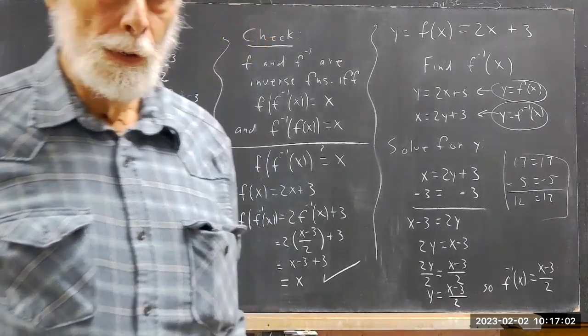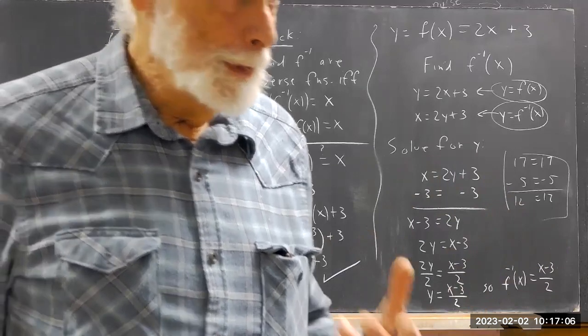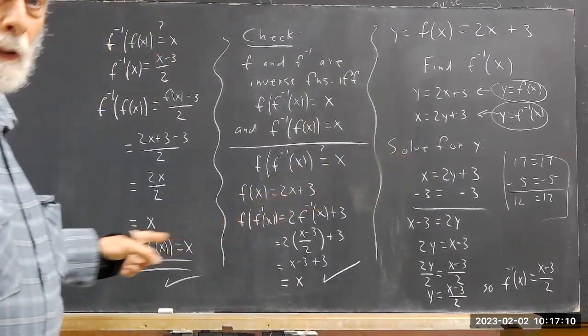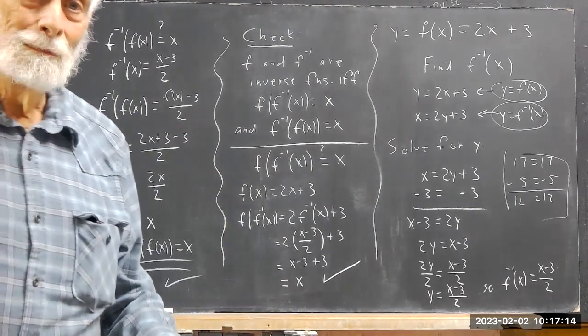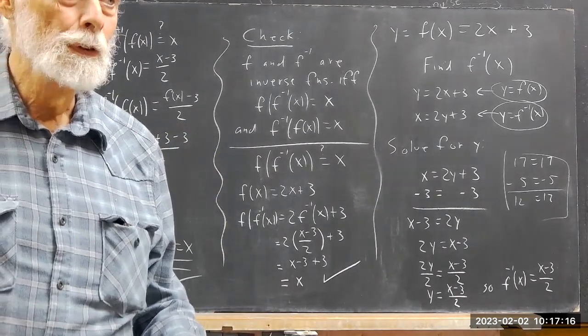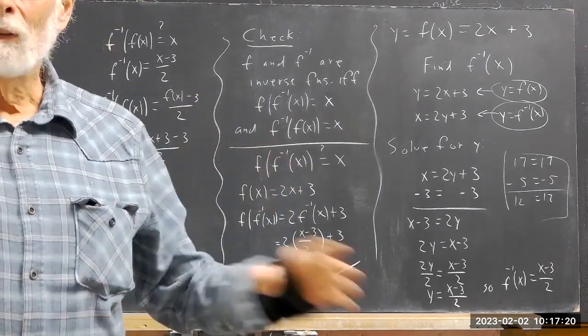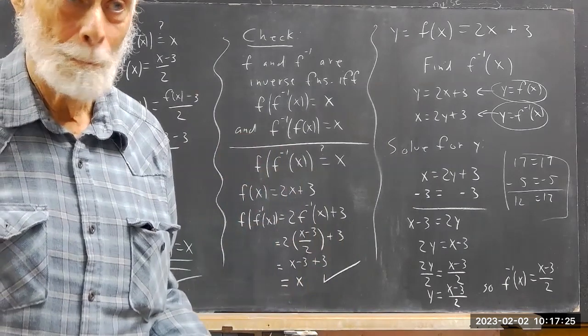And now you should be able to do that for any linear function. If you can't, I think I've given a pretty good explanation from the beginning to end here. You got 10, 12 minutes of video, review it. Understand every word that I said, or find something else that explains it in a way that works better for you, okay?